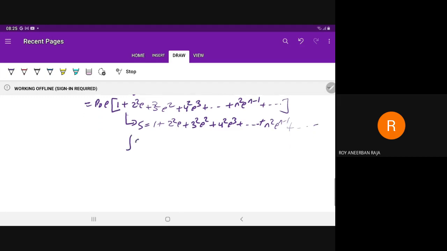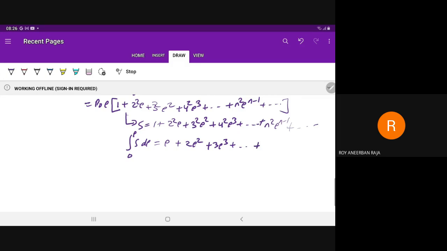Now you integrate this s with respect to rho from 0 to rho. The first one will give you rho, the second one will give you rho square by 2, 2 and 2 cancel out, so 2 rho square. The third one will give you rho cube upon 3, that is 3 rho cube.